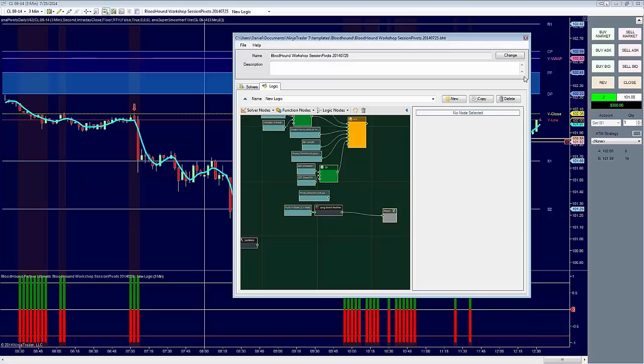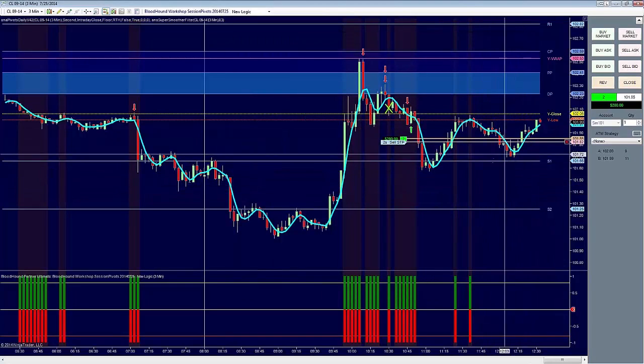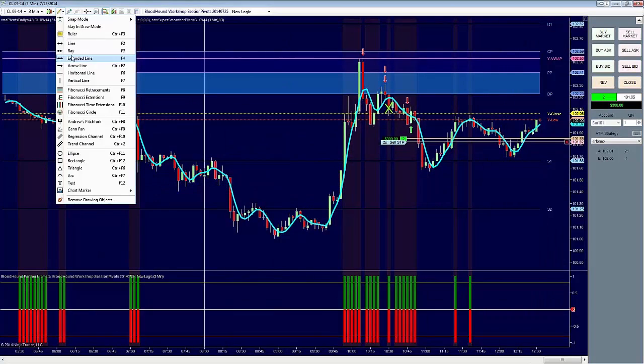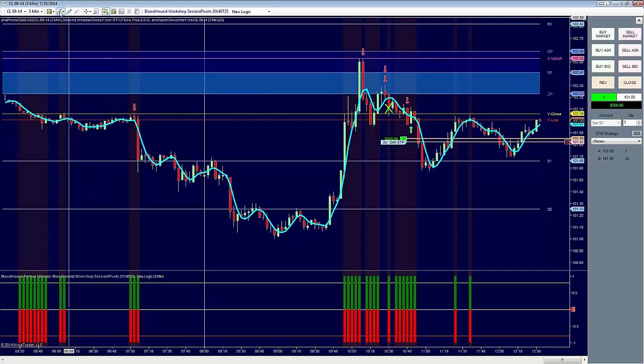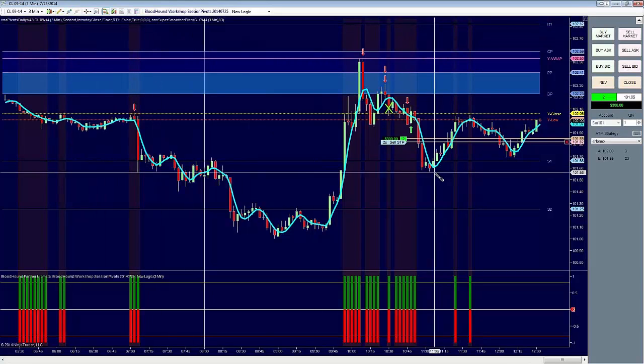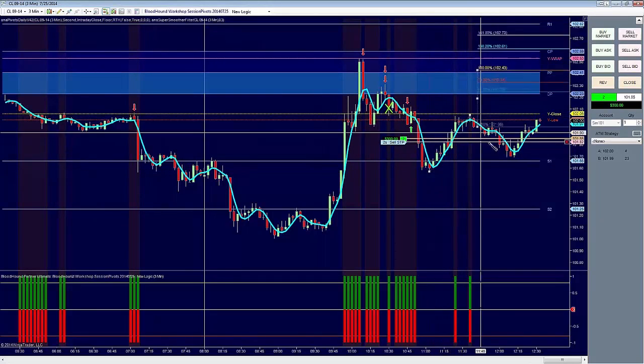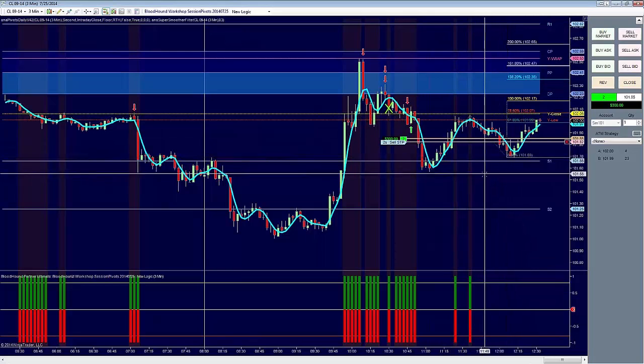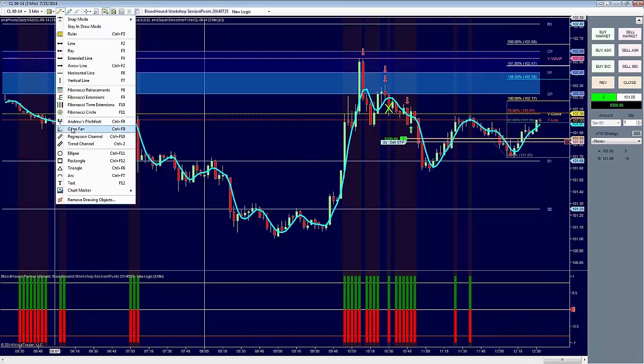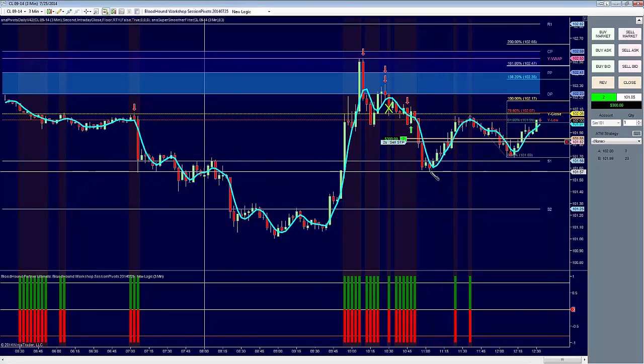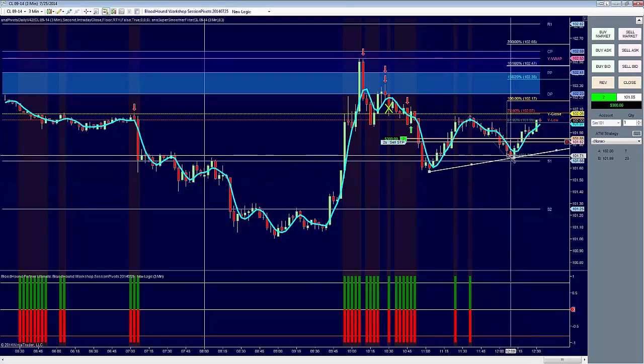Really quickly, I'm sure some of you are wondering what's going on here. Let me figure out a target for this trade. I know you're here to learn BloodHound, but I'm trying to keep track of some things at the same time. I think this will be interesting anyway.